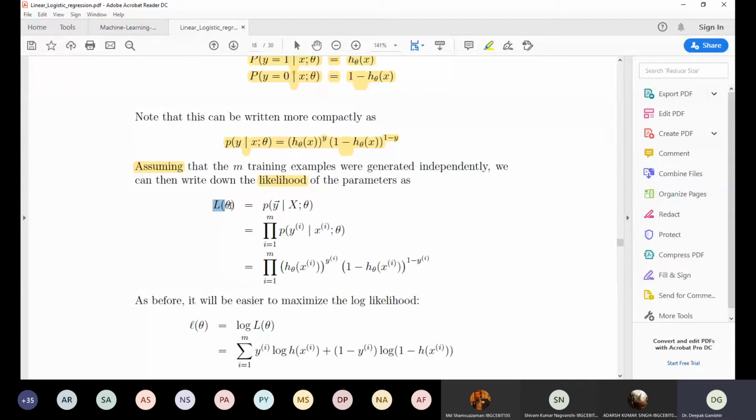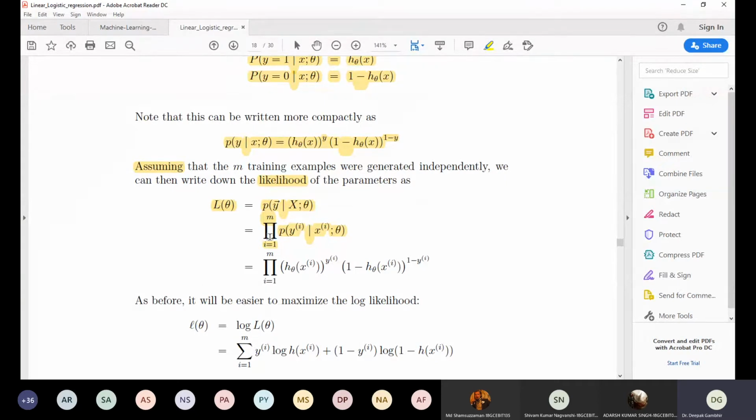So the likelihood is given by the probability of y given x parameterized by theta. If you compute this, this pi indicates the multiplication of the probabilities of y, where for my ith input, i goes from 1 to n.